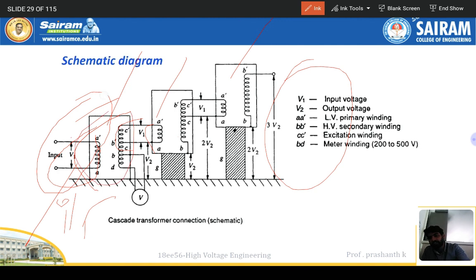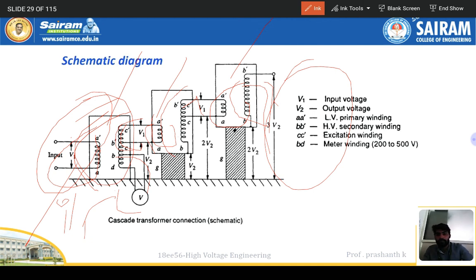See here, this output is the input of this unit. So here we are getting one voltage, and this unit's output is the input of another unit. See, this output is total 3V2. So finally, we'll get 3 times V2 in this schematic diagram.